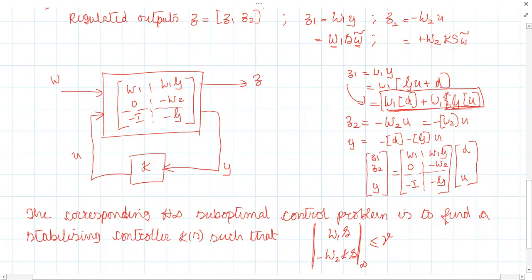This is what is called the S K S mixed sensitivity H infinity control problem.